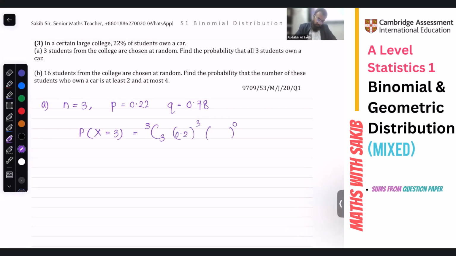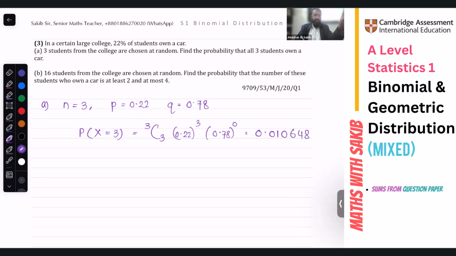So that is 0.22 cubed. We get 0.0106, at least to 3 figures. How come it's 7? Let me check again here. 3C3 times 0.22 cubed, so it's 0.0106.